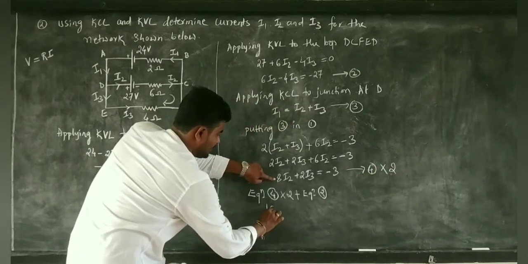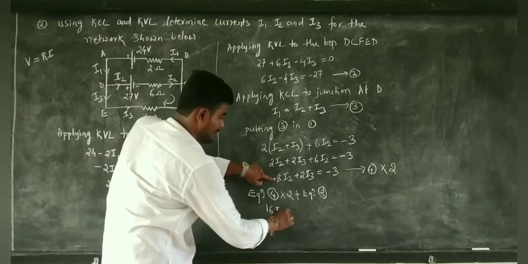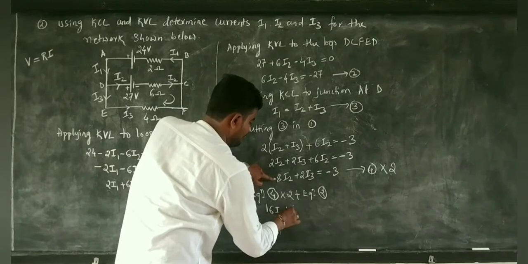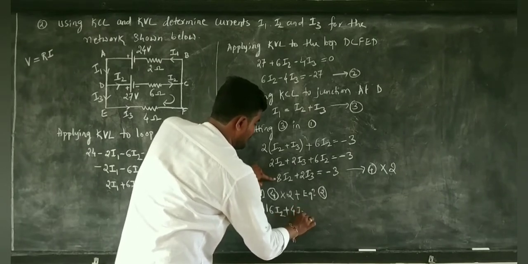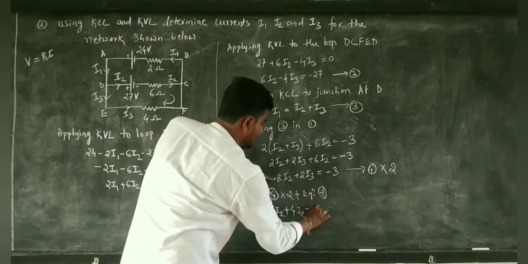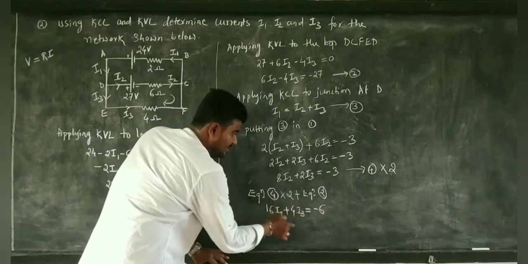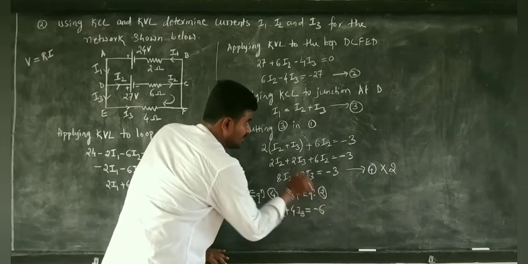2 8s are 16 I2 plus 2 2s are 4 I3 is equal to minus 6. And this equation is added with which equation? Equation 2.